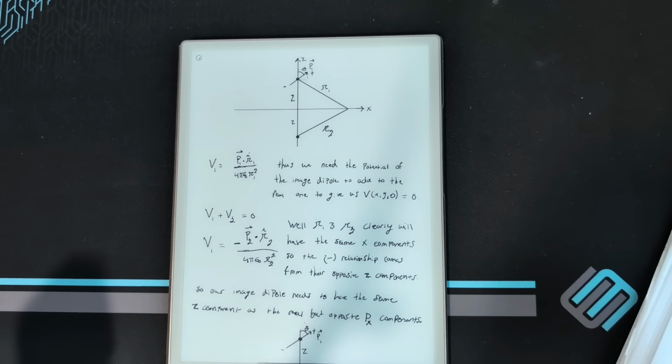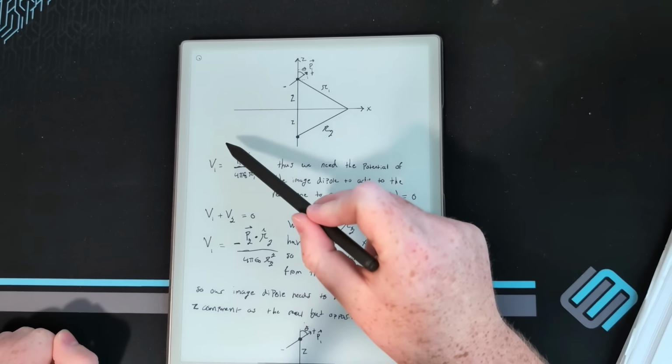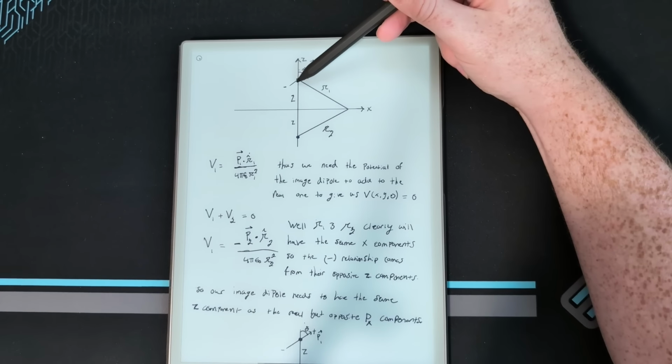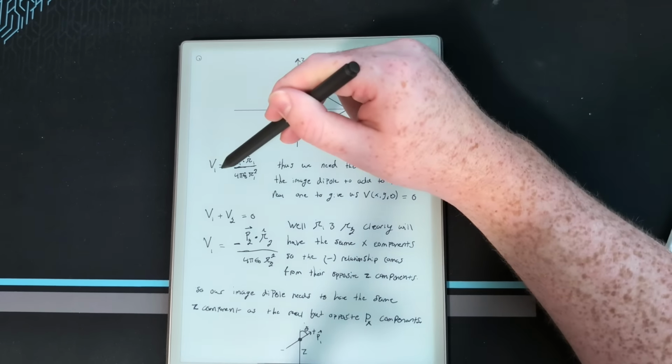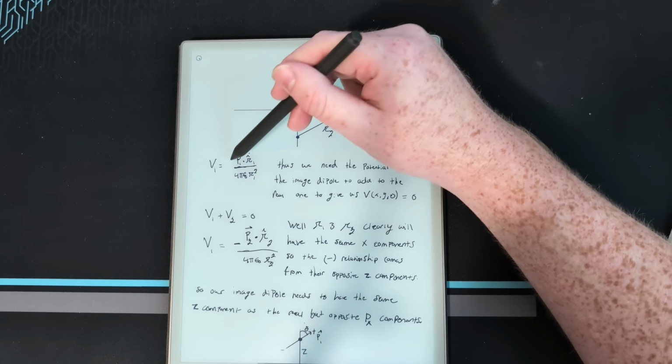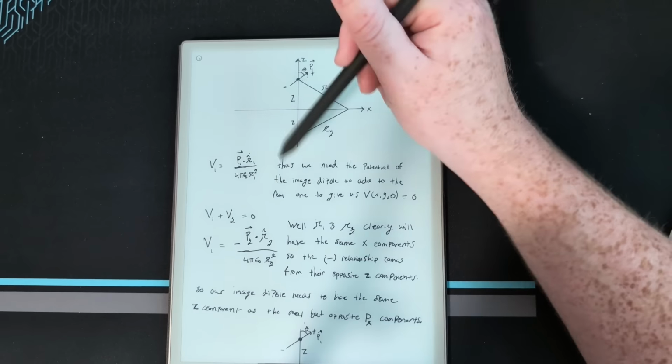And if you can figure out a configuration that can do that, then the solution to the potential and everything should be exactly the same as the conducting plane situation. So we know that if we have this dipole, it's producing a potential of P1 dot r hat over 4 pi epsilon naught r squared.